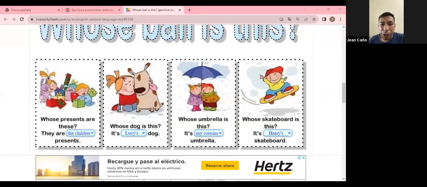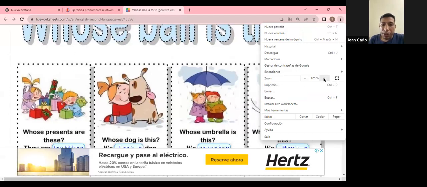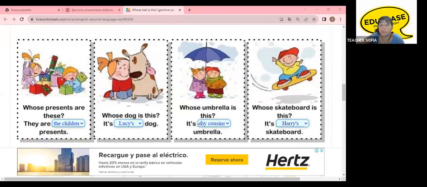In that case, it's a complement. We can answer with the pronoun X when sentences end in this. If sentences end in this plural, we should use the pronoun they, but if the sentences end in this singular, we should use the pronoun it, I guess.